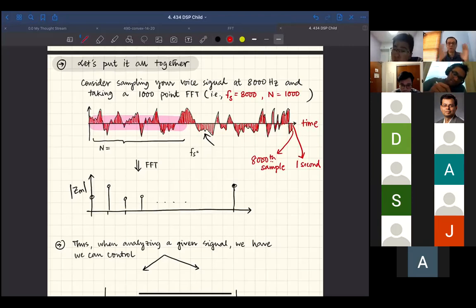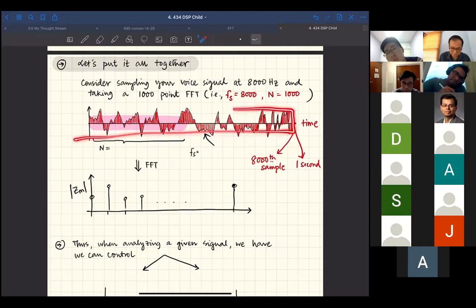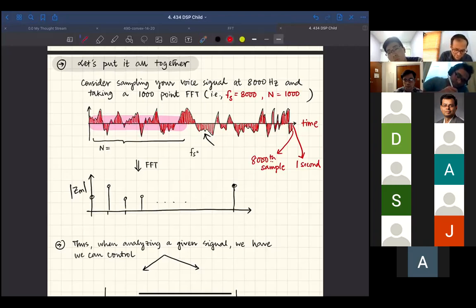Okay. So for those who are still struggling with this, you have a signal, you sample it 8,000 times in 1 second. You have a vector which has 8,000 values. That's your signal. But you decide to only take the first 1,000 samples, which is this window.